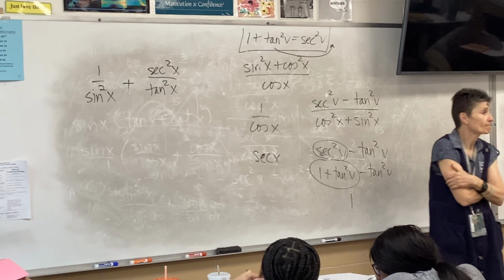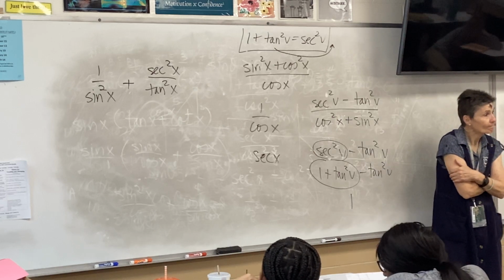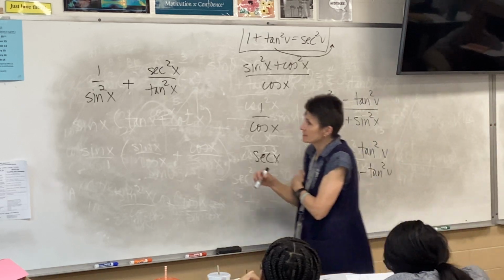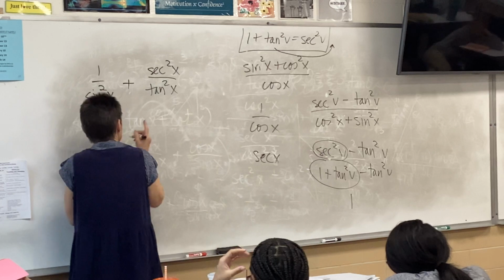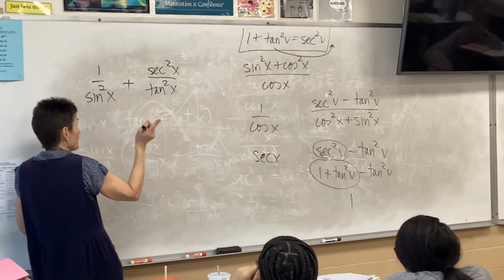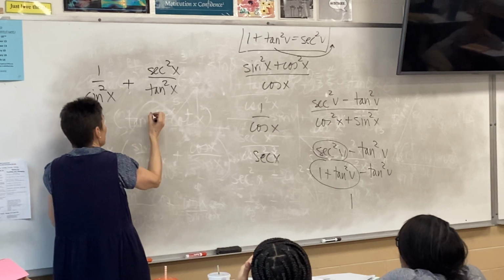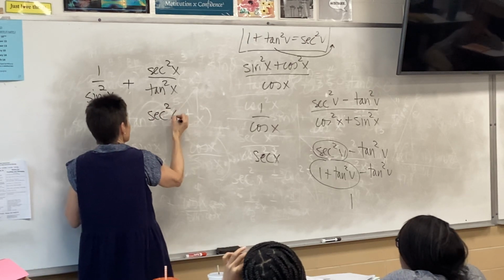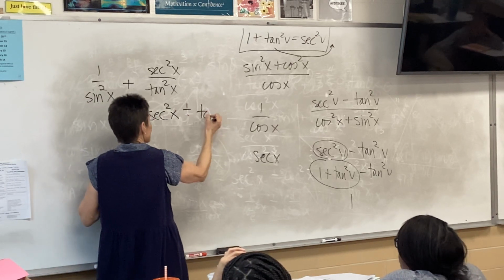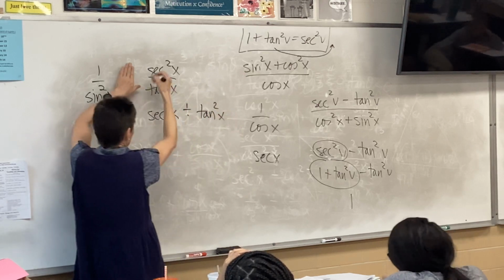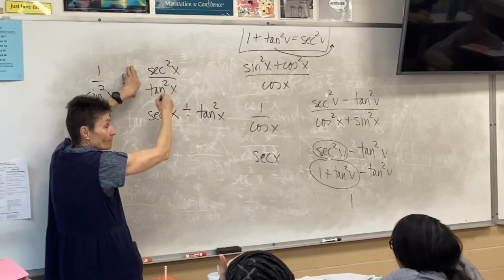Jake? Tangent is equal to sine over cosine. So, Jake, if that's the strategy you're going to take, I think I would maybe want to write this as secant squared divided by tangent squared. Now, I'm just working on Jake's thing here.